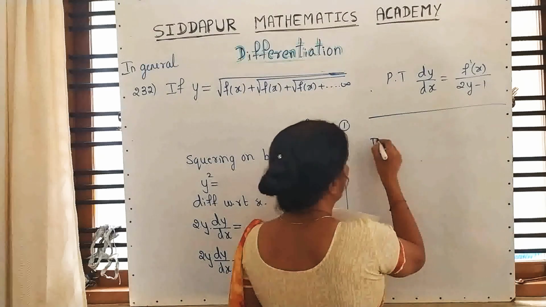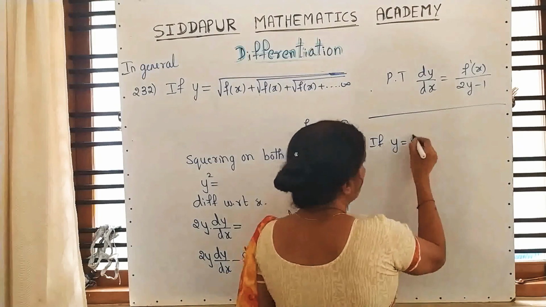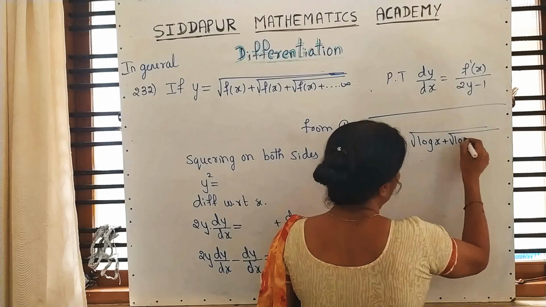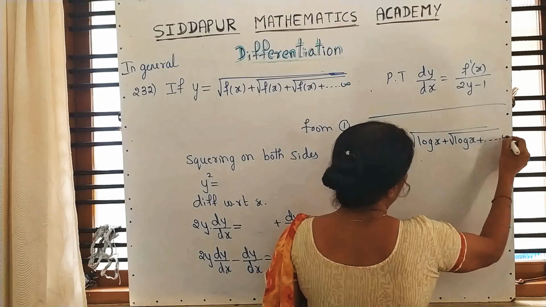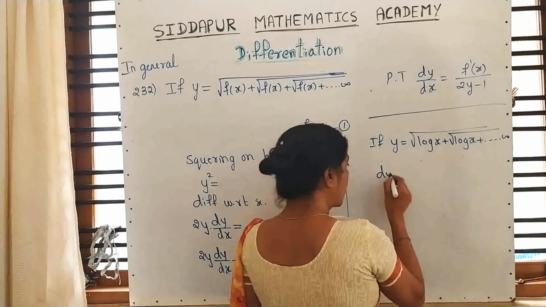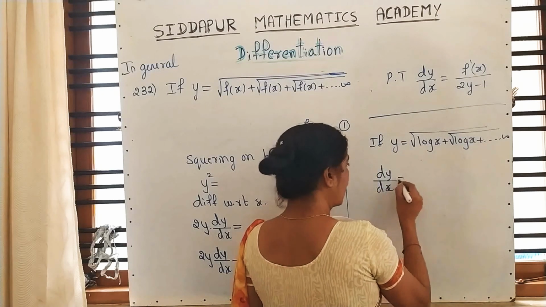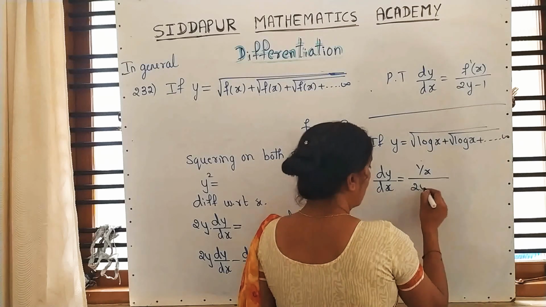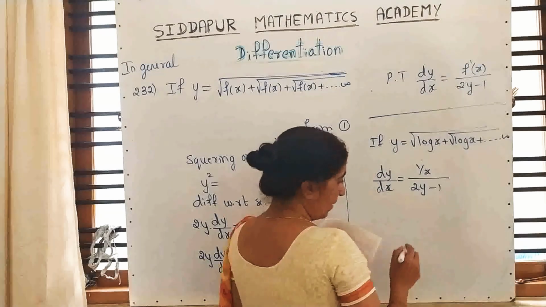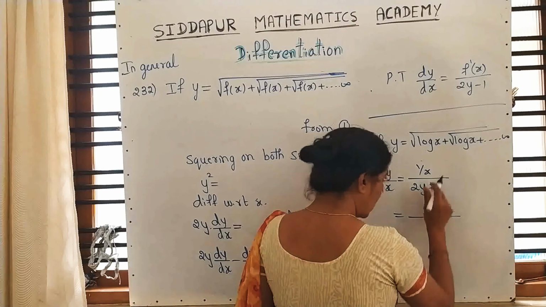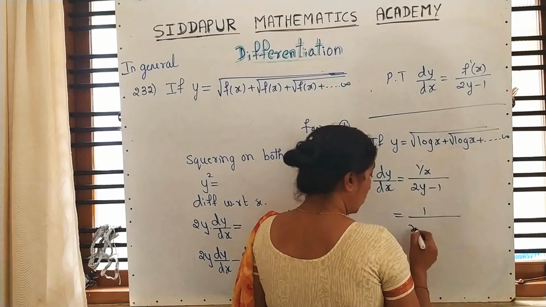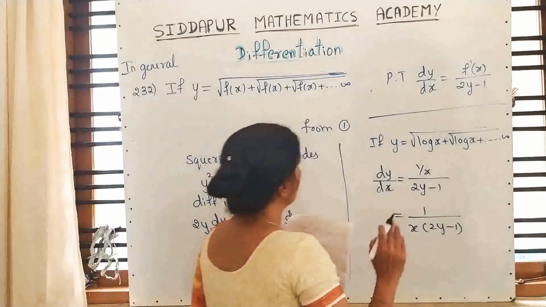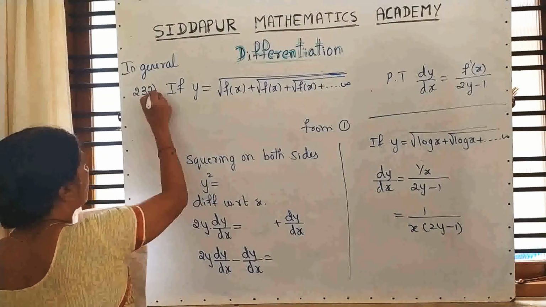For example, if y is equal to root of log x up to infinity, without thinking anything, you can write dy upon dx. Differentiation of log x is 1 by x and the denominator is fixed, that is 2y minus 1. That means finally we got, if you want you can keep as it is, or because this is a fraction it will be written like this. Understood?